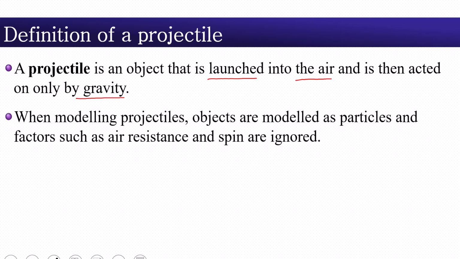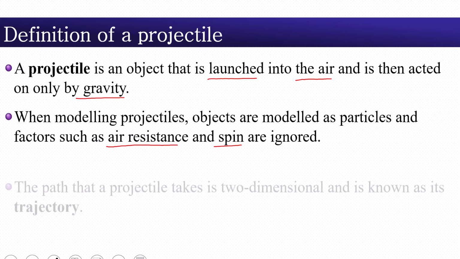When modeling projectiles, objects are modeled as particles, and factors such as air resistance and spin are ignored. So in this case, we are not going to ask you to calculate or consider air resistance or spin. No, we just ignore them.